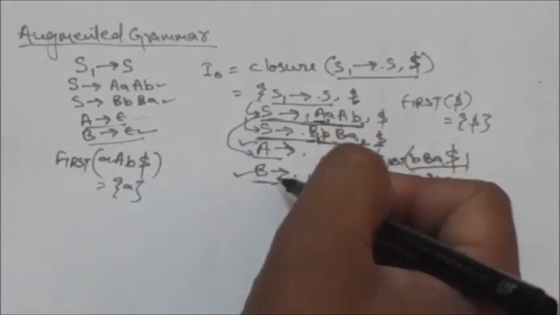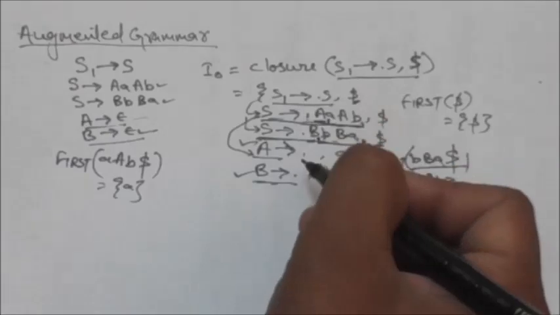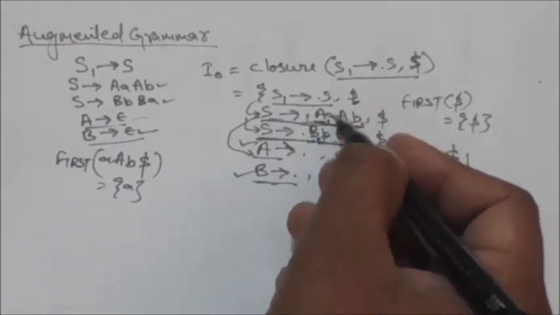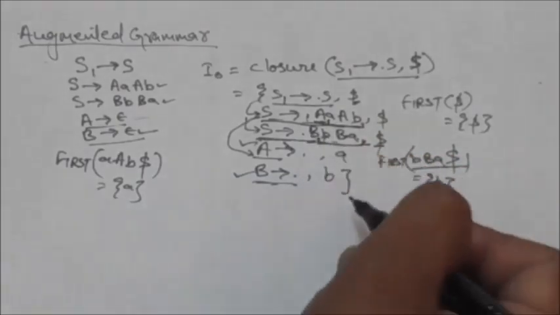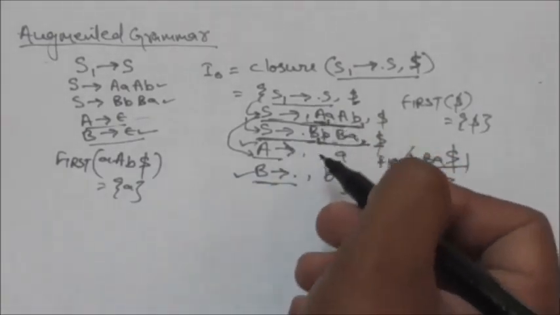So here you can see the items of this state I0. In these items the dot is preceding only the symbols S, A and B. Here in these two items the dot is not preceding any symbol.